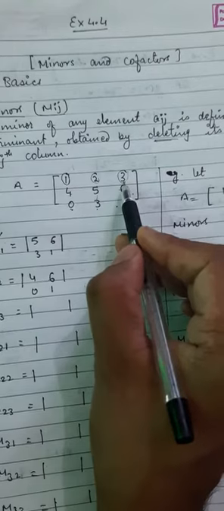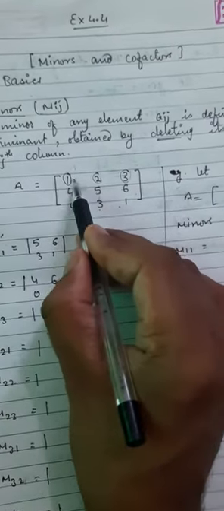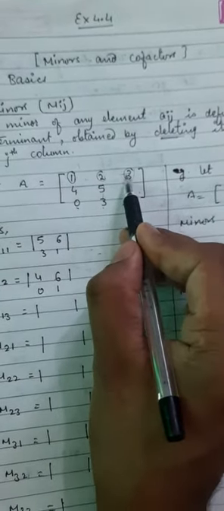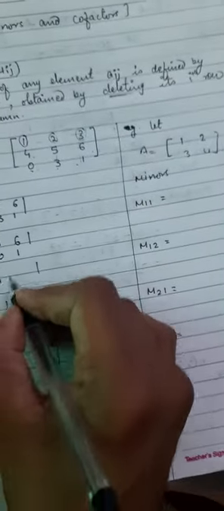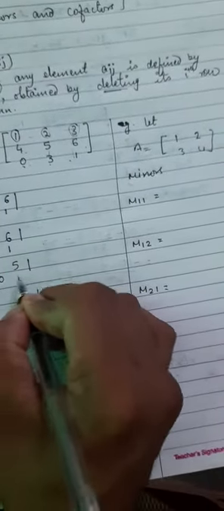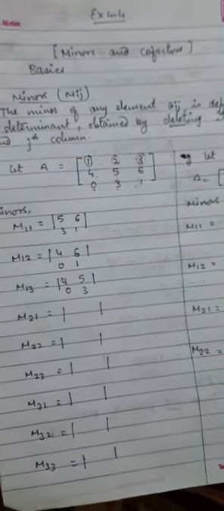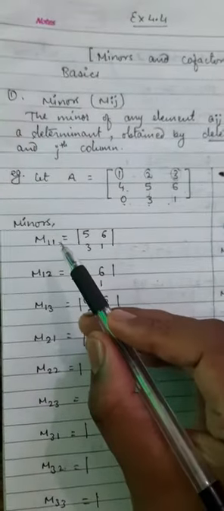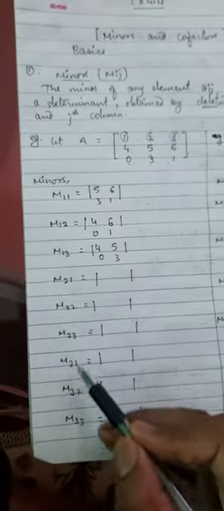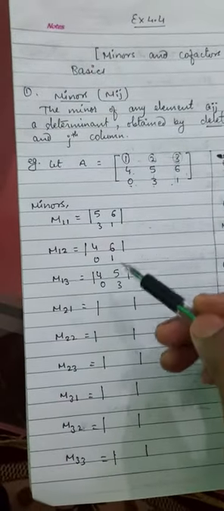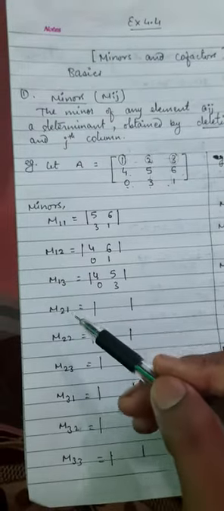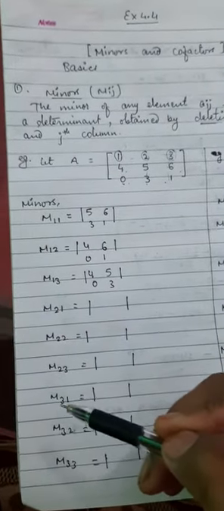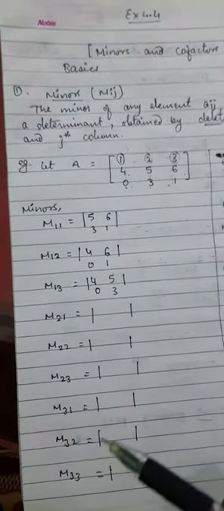This 3 is in the first row and third column, so these will be deleted. 4 5 0 3 will remain. And keep in mind, these minors have to be written in the same order, otherwise they will interchange: 11, 12, 13, 21, 22, 23, 31, 32, 33. You can learn it like this.